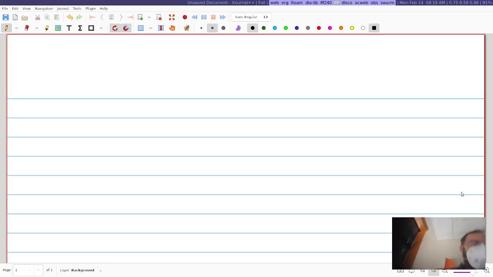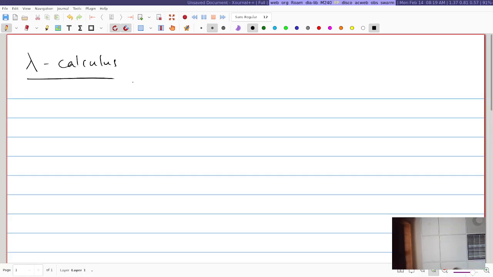All right, so we're going to talk today about the Lambda calculus. The Lambda calculus is something that, in one sense, you already know a little bit, because every time you've used a Lambda, you kind of understand how Haskell function application works and stuff like that.